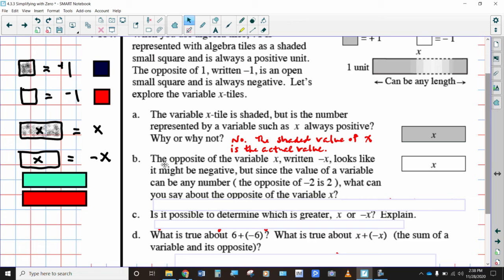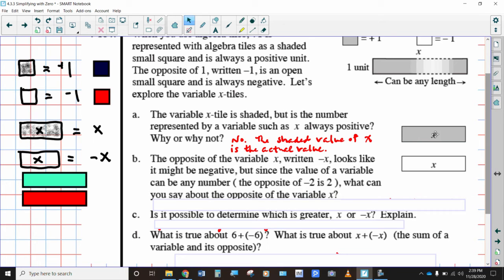So then when you look to B, the opposite of the variable x is written as -x. The minus sign means the opposite of, or the opposite of x. And it looks like it might be negative, but since the opposite of a variable can be any number, what can you say about the opposite of the variable x? So here's a great example. -2 is the opposite of 2.